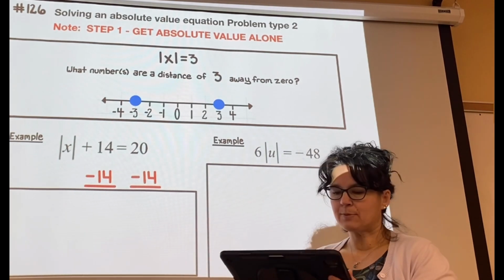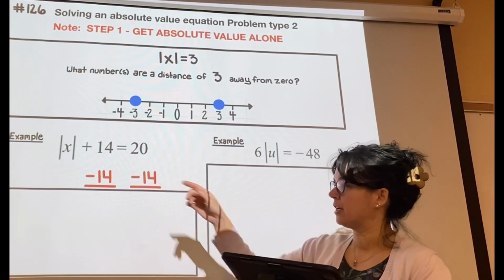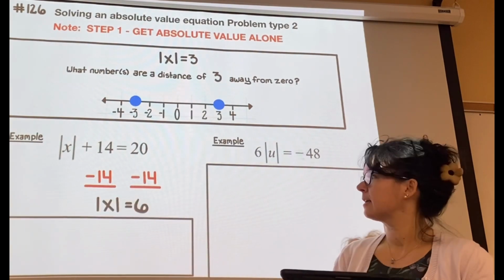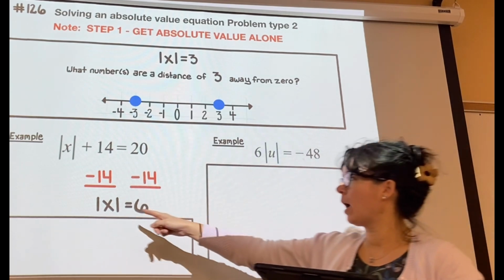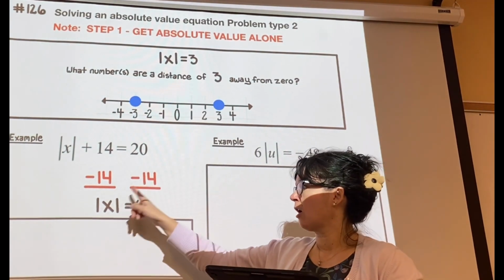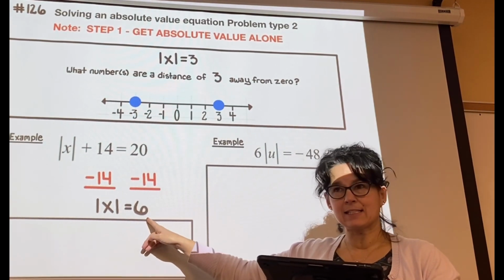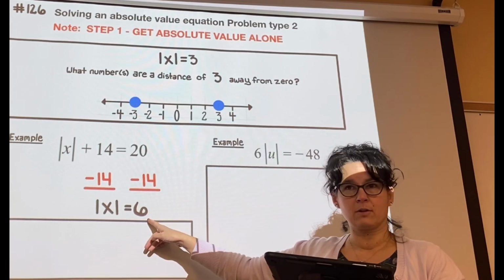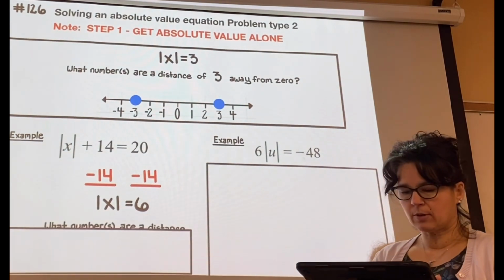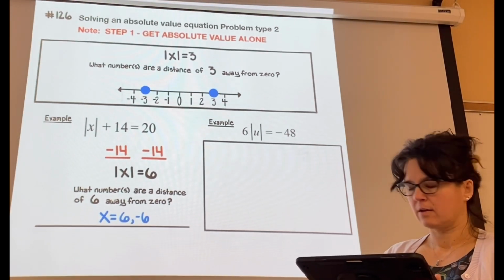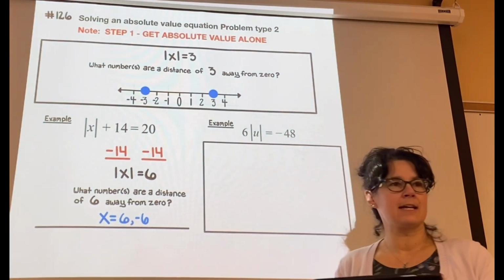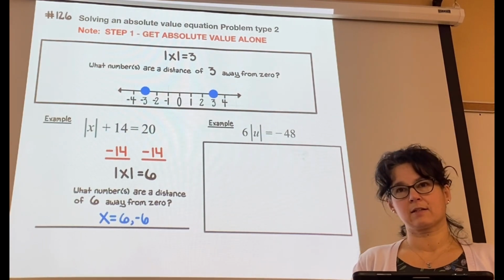Then the absolute value of x is by itself, and 20 minus 14 is 6. So what numbers are a distance of 6 away from 0? Those numbers would be 6 and -6.